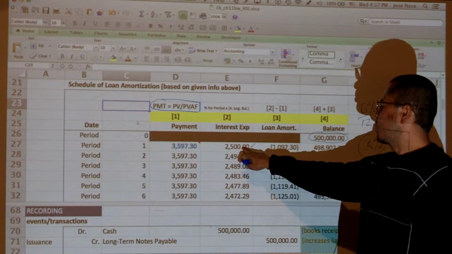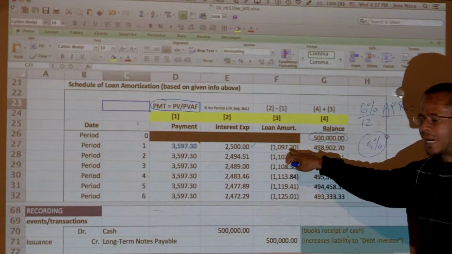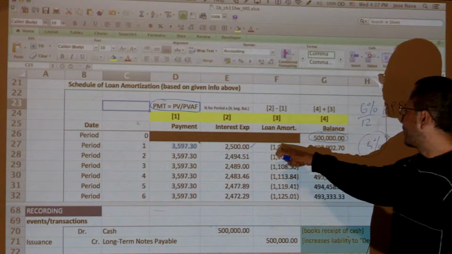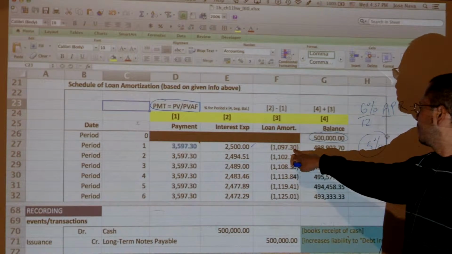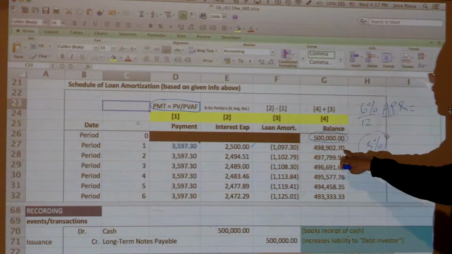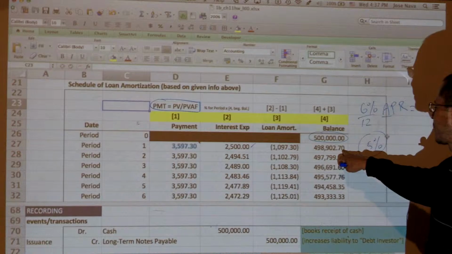Given that that's the interest expense from this payment, the remainder will be the pay down on that loan. So that's what we get from $500,000 minus the 1097.30, which is the pay down, to get us to the ending balance at the end of the first period of $498,902.70.